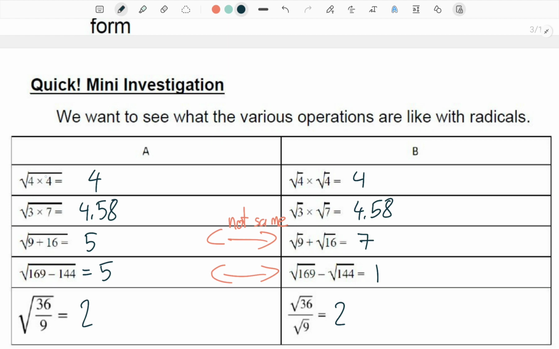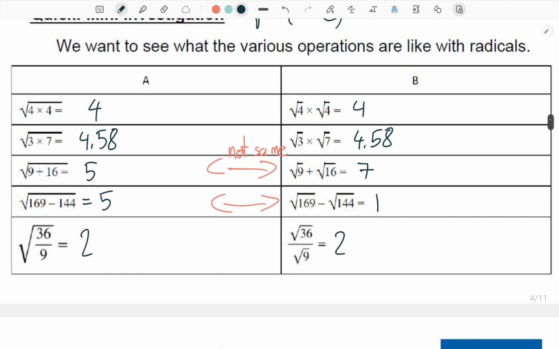So definitely double check that you're typing it into your calculator correctly. You might need to use brackets. So when you type in the square root, put in brackets and then put in your numbers within the brackets. That might be what's needed to make sure that you're getting the correct value. So just double check that if you were having some trouble with the calculator.